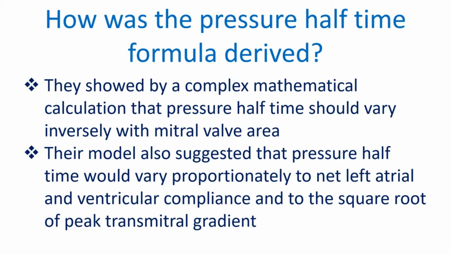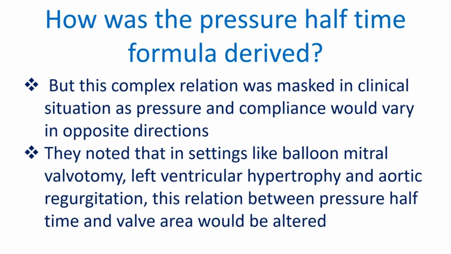Their model also suggested that pressure half-time would vary proportionately to net left atrial and left ventricular compliance and to the square root of peak transmitral gradient. But this complex relation was masked in clinical situations as pressure and compliance would vary in opposite directions.